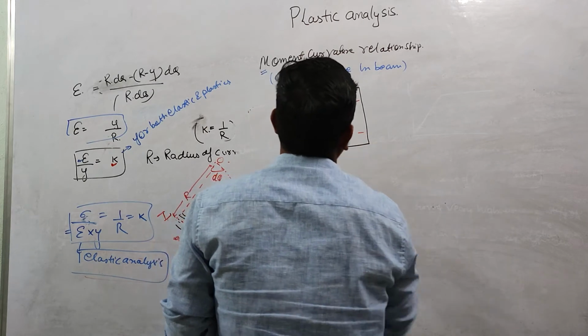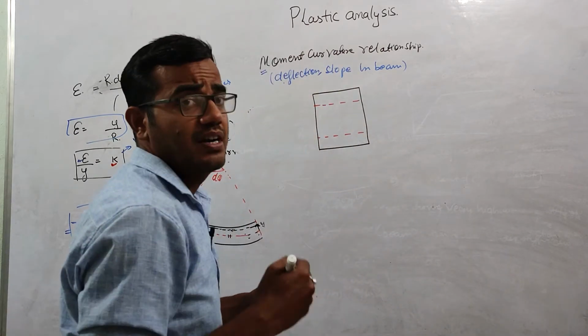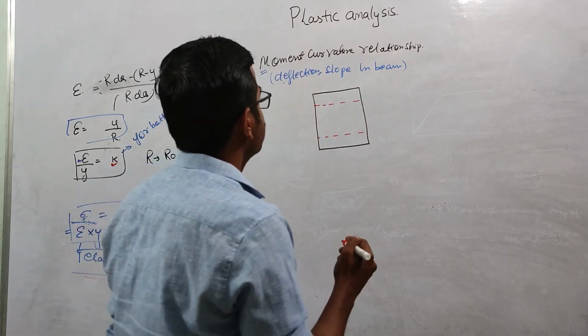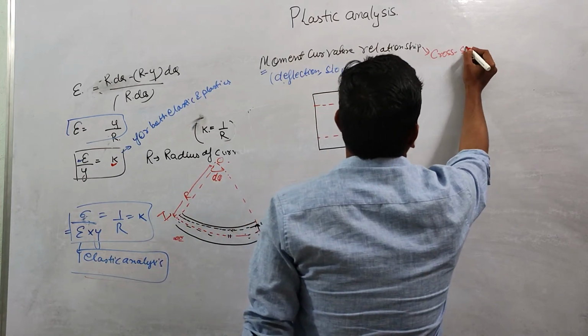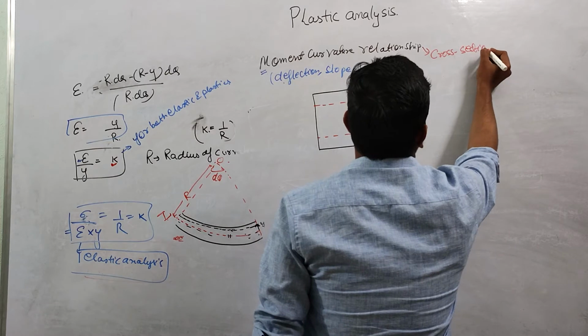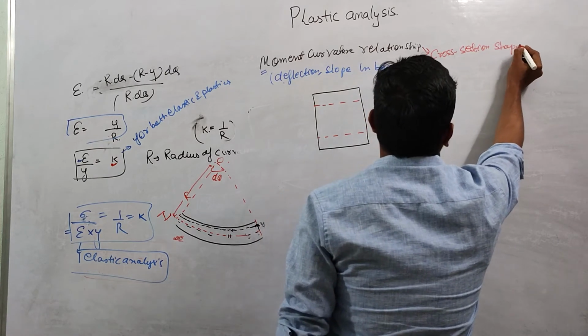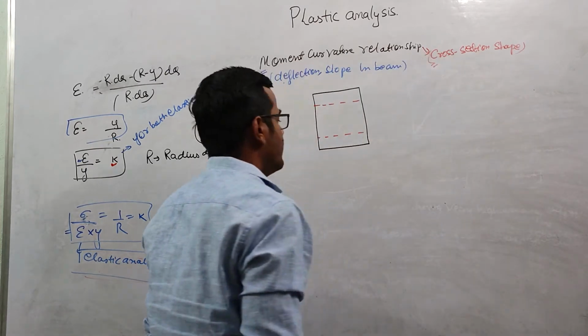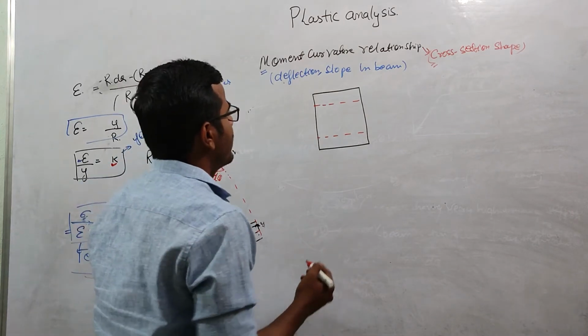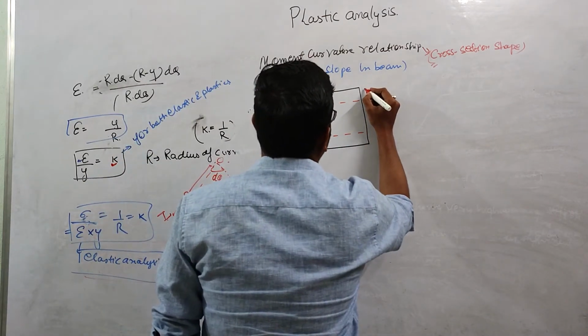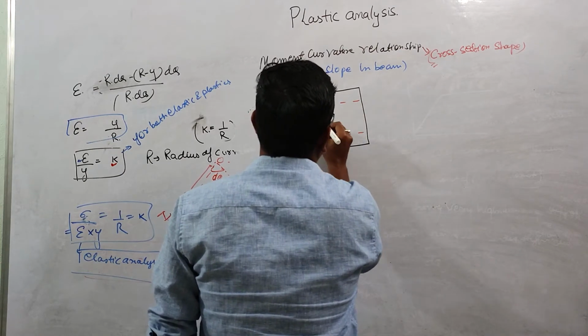I am taking the rectangular case because this moment curvature relationship will depend upon the cross section shape. Different cross sections will have different moment curvature relationships, right? So first case I am taking the moment curvature for this rectangular case.